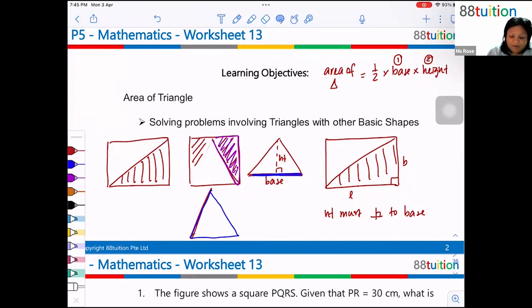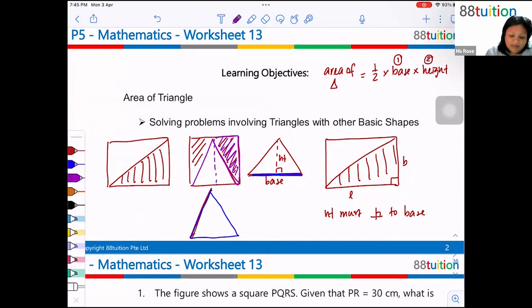Now, if I close it up and I move it, can you imagine this? I will get half of the rectangle, right?